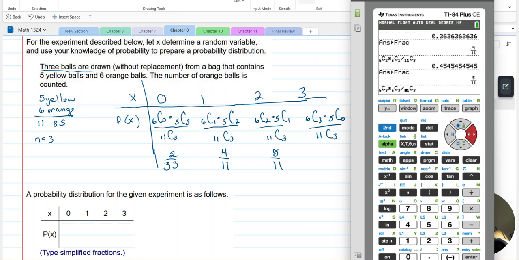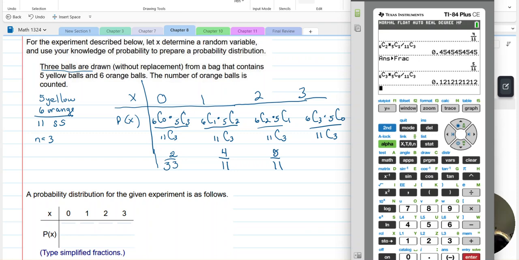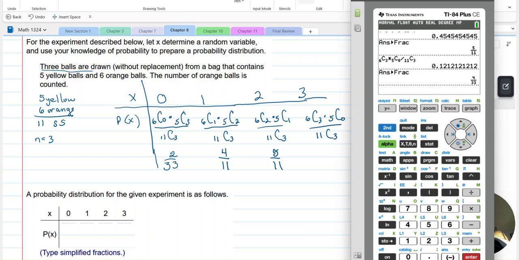Oh, I meant to put 0. There you are. And I get this number. And I do math frac. And I get 4/33.